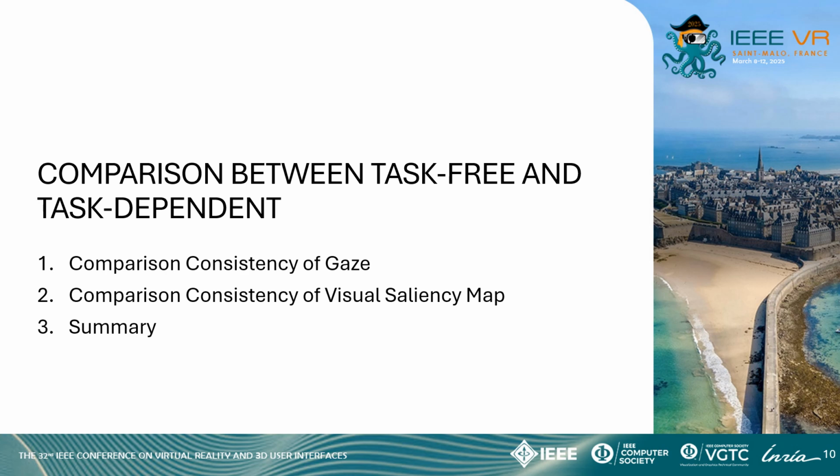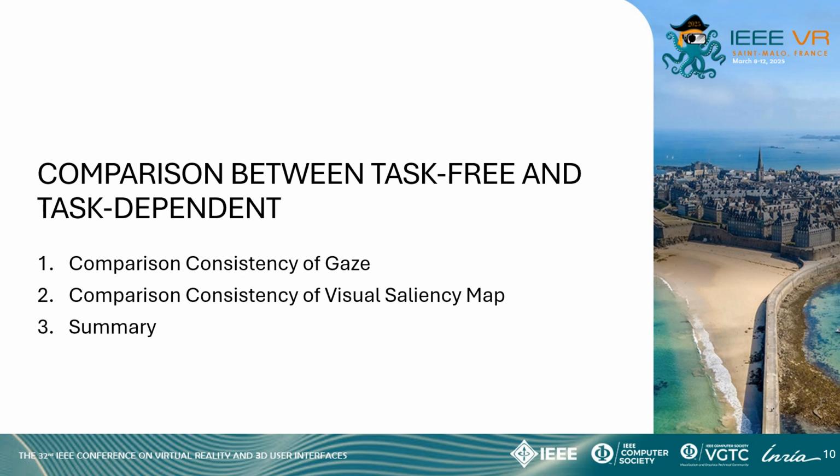The final goal is the comparison between task-dependent and task-free. First, we want to compare the consistency of the statistics of the gaze. Then we compare the final result, our visual saliency map, under 2 different scenarios.